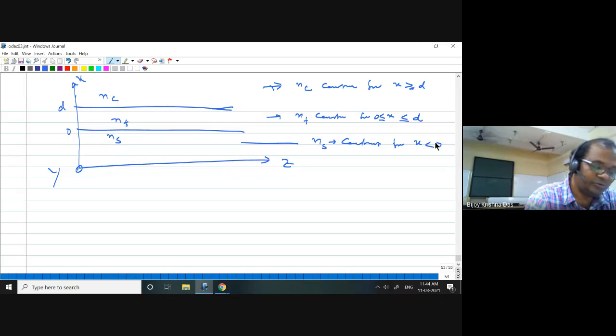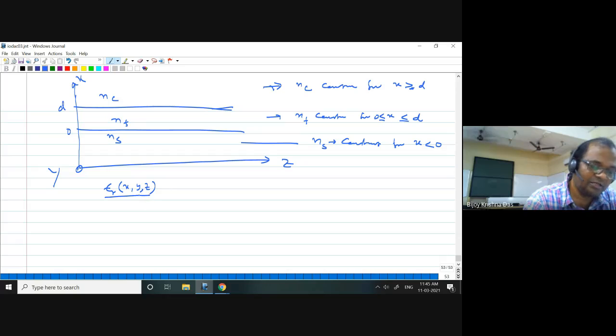Now I know that this epsilon r can be a function of x, y, z, as in our vector wave equation that we have derived. But in this case, epsilon r is not changing along the z direction, and is not changing along the y direction.